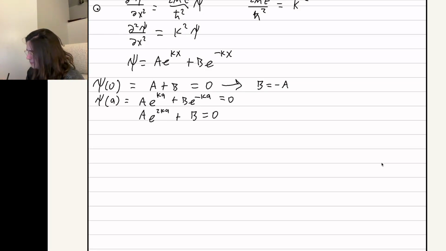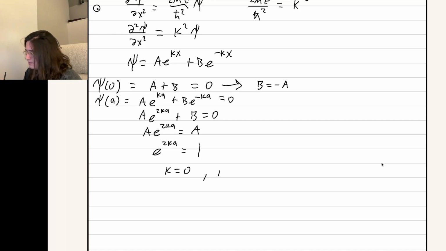So we have that a e to the 2ka equals a, and you can let the a's cancel each other out now. And you have e to the 2ka equals 1, where a is a variable that is defined in the problem. k is a variable that we came up with. So k is the thing that's going to have to go to 0 for this to equal 1.